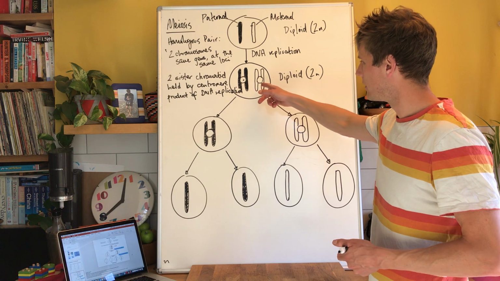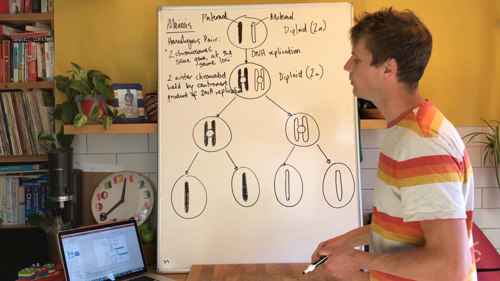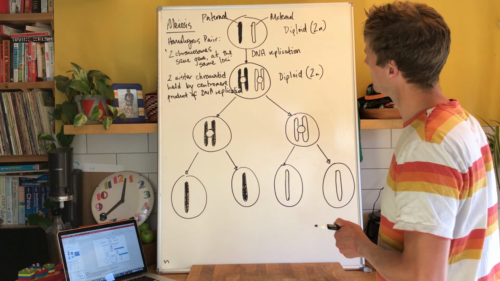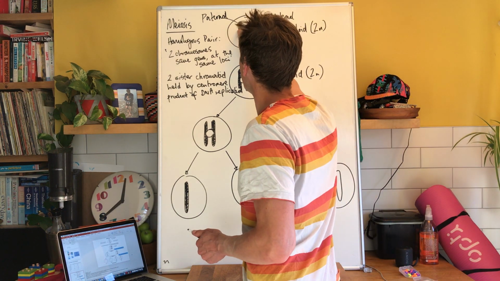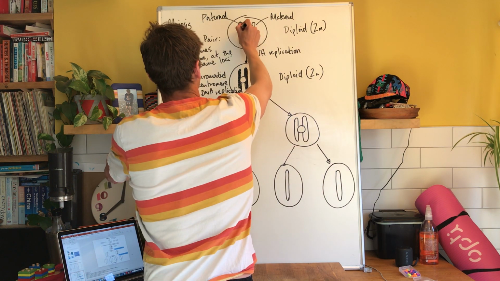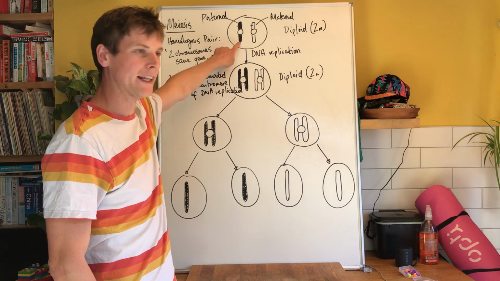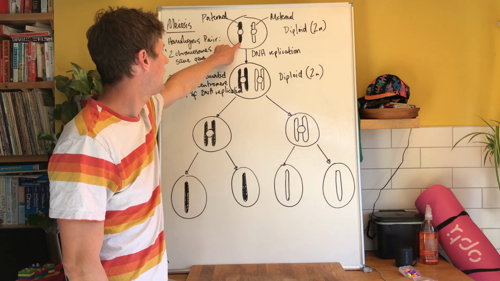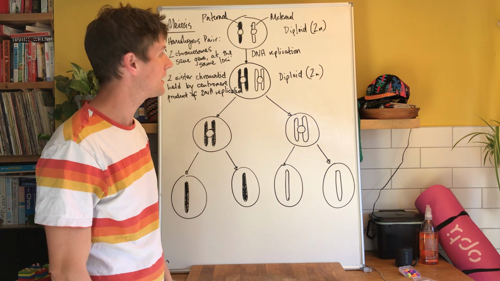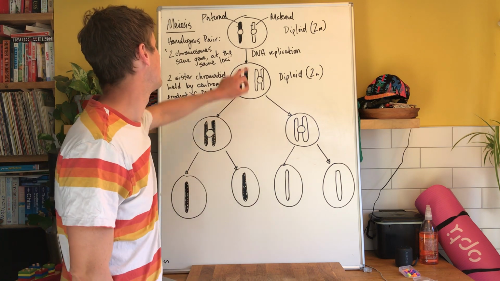Like I said, Mrs. Andrews has done a really good video on explaining how to count the chromosomes. One other little technique that I sometimes use is I draw the centromeres on all of my chromosomes. So I draw a centromere there before DNA replication, and I can then count the centromeres rather than counting the molecules of DNA.